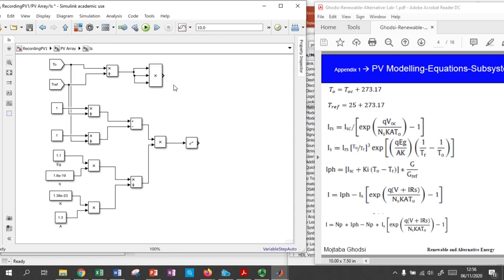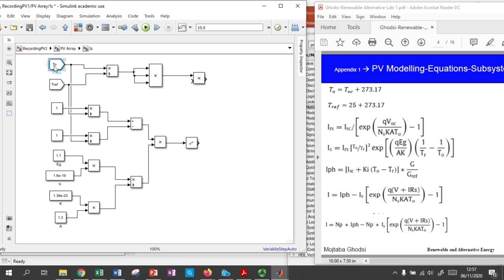The output of this one should multiply to IRS. Okay, I will multiply these to IRS, Control V. But what is the IRS itself? IRS is one input that we can find in the previous subsystem.